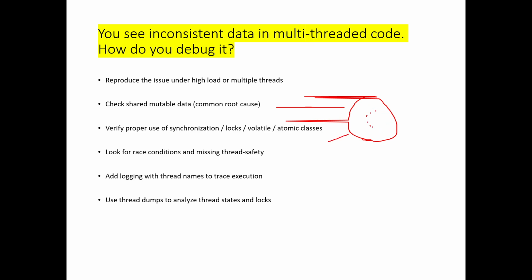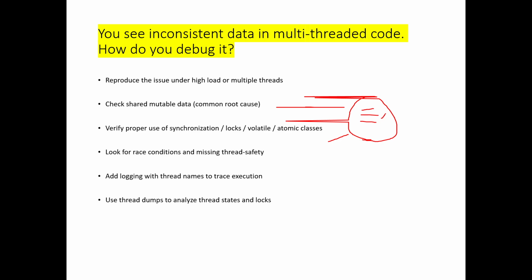If any inconsistent data is there, like duplicate transactions happen, or data is not correct at the time of multiple threads accessing it, how will you debug? You will check whether the lock was applied successfully, like synchronization or volatile. Is there any race condition?